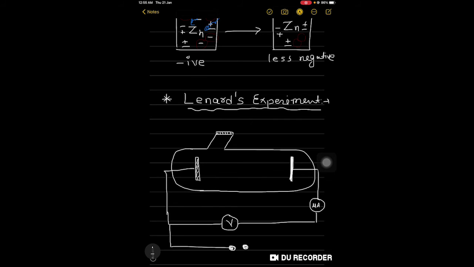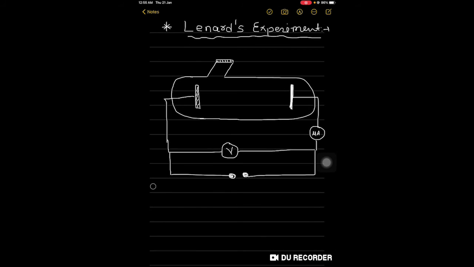This is a special type of power supply that can be made positive and negative, that is a variable power supply. Now he put this rod as A, I give it number 1, and here I give it number 2, this plate as C. Now this plate C is actually a photosensitive material.